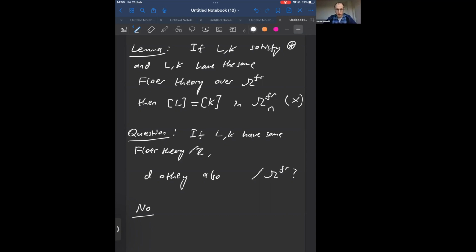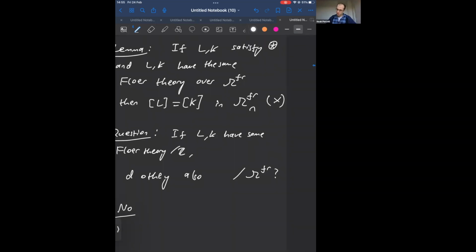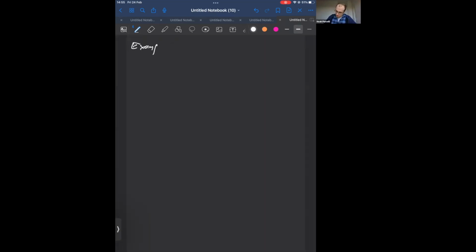So do I know any examples where L and K intersect in 2 points when MXY is fairly explicit? I don't really know any. I guess there's a few ways you can get examples. I could take T star Sn, and I could plumb this with another T star Sn at 2 points.